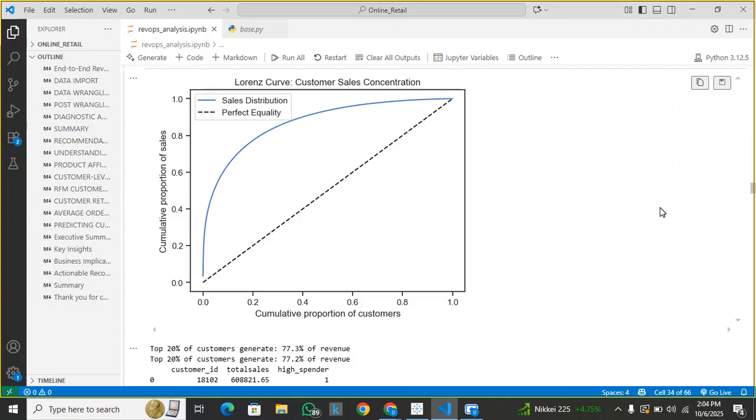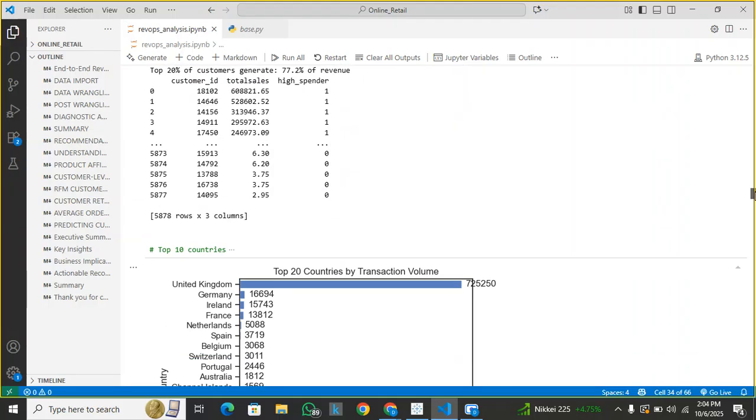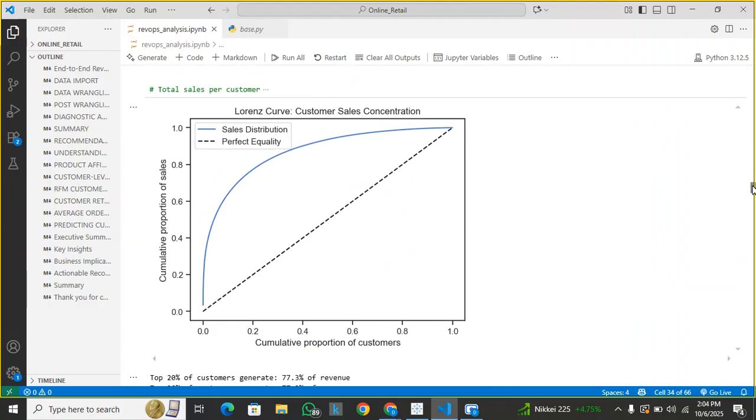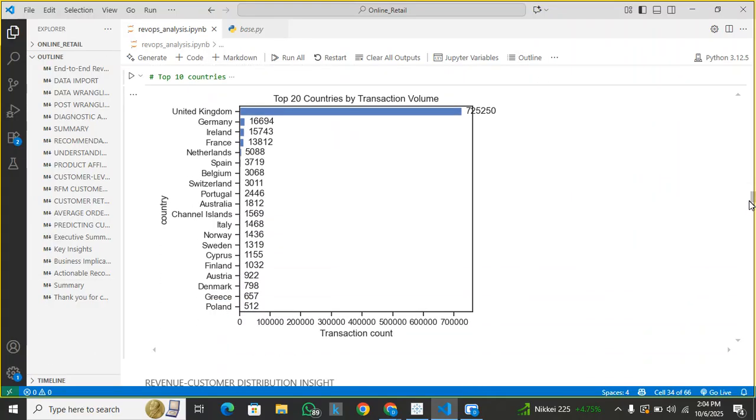But it is scary because if you lose one, it drastically affects the overall revenue, because most of the revenue is coming from just this small group of customers, 20% of customers. So the customer sales concentration is not balanced because it doesn't follow the perfect equality line.